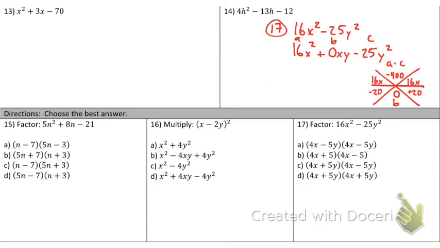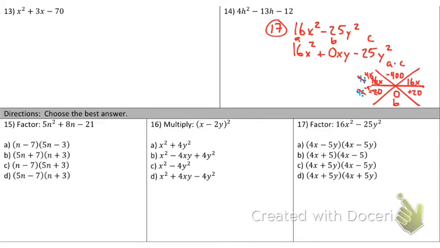Okay. Now that you have your magic pair, let's reduce if possible. The biggest number that could divide 16 and 20 is 4. So if I divide by 4, this gives me 4x on top and negative 5 on the bottom.